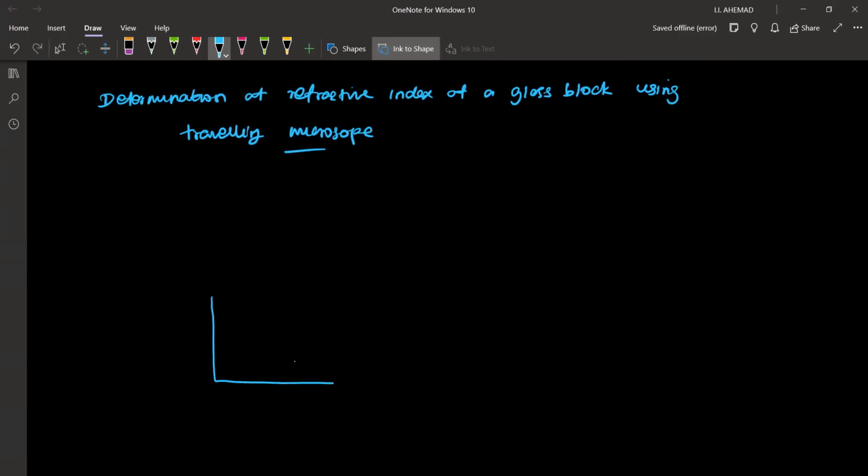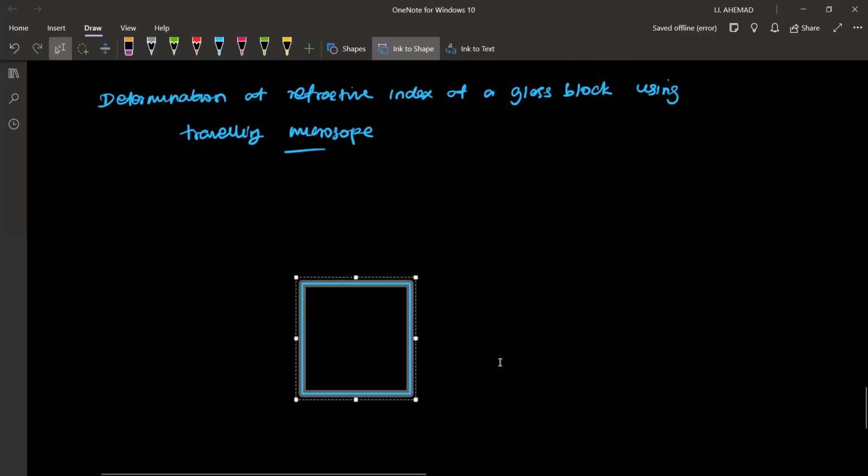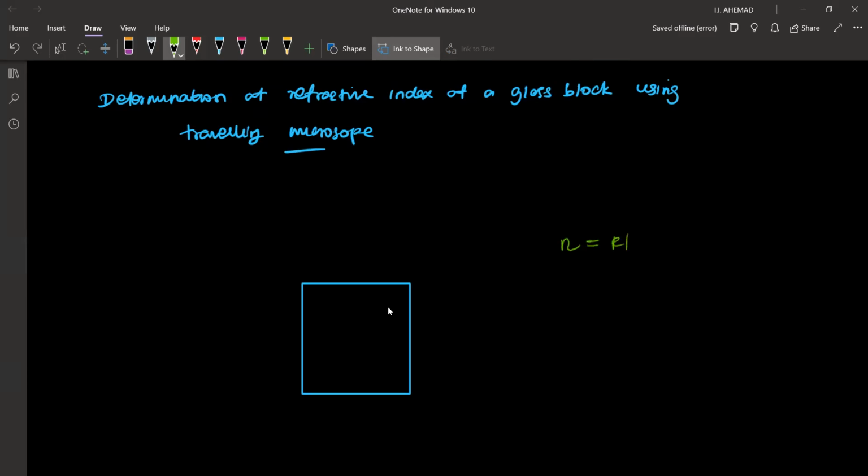Let's say this is the glass block. What do we need to find? We have to find the refractive index n, which is equal to real depth over apparent depth. So if I can find the real depth and the apparent depth, then I can find n.